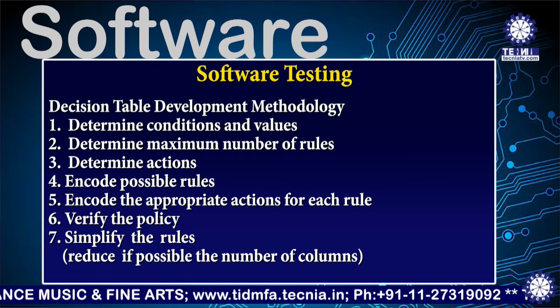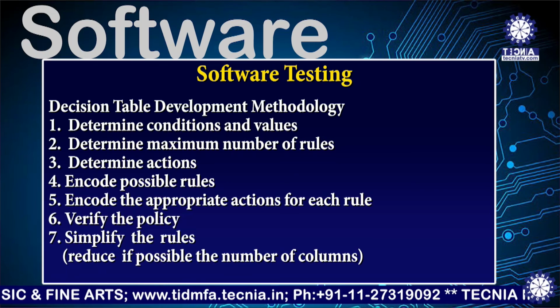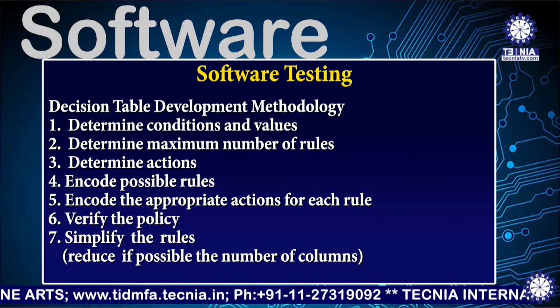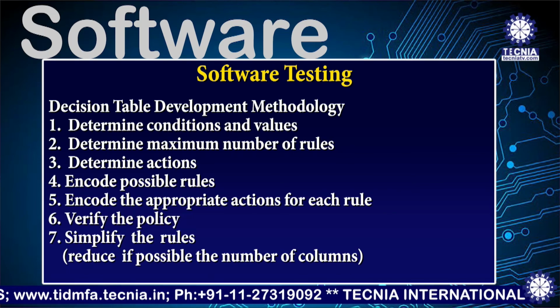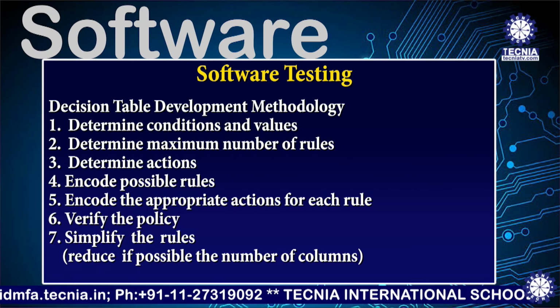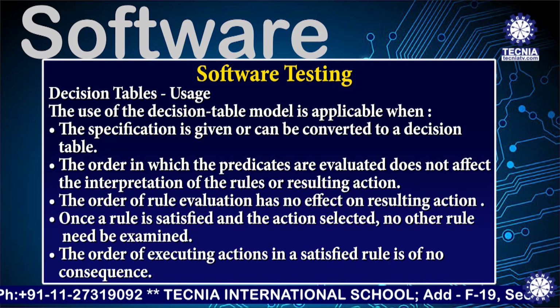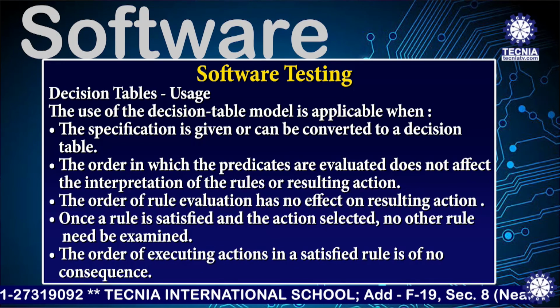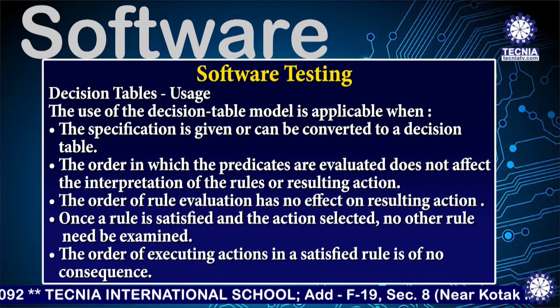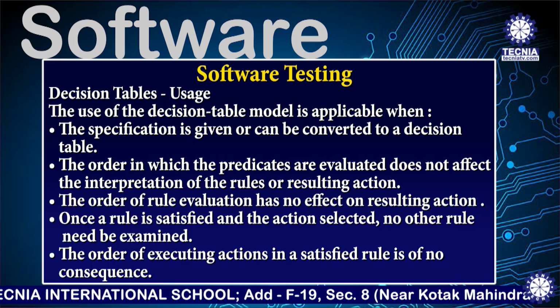Friends, after discussing the methodology for making decision tables, now it is time to discuss decision table uses. Let us see why decision tables are there and what their uses are.